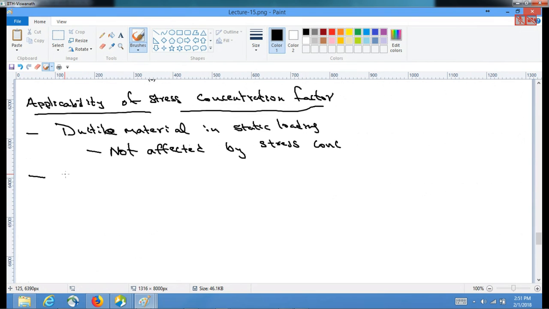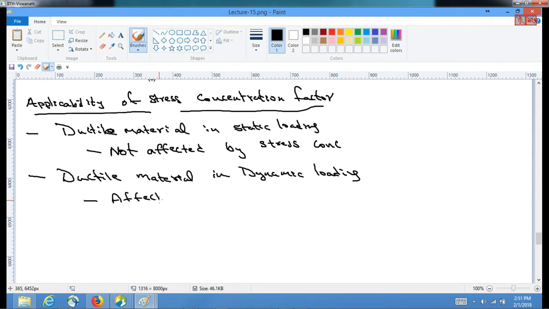If it is ductile material in dynamic loading, yes, it is affected by stress concentration.